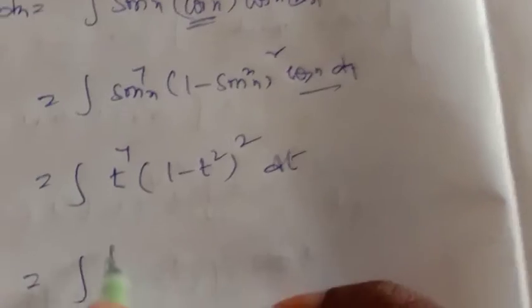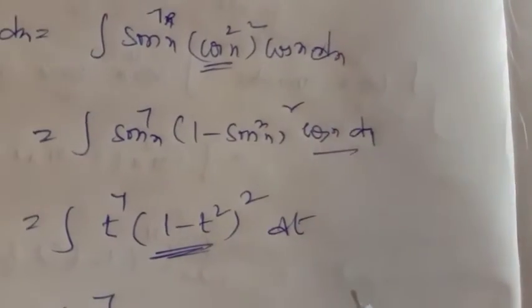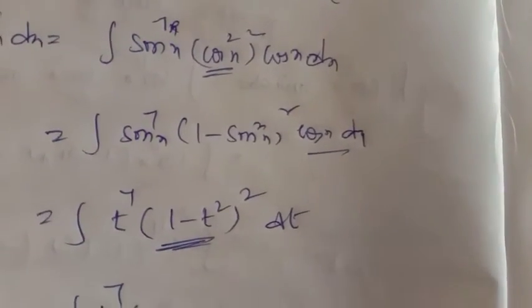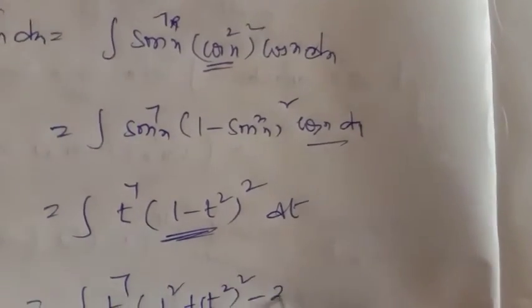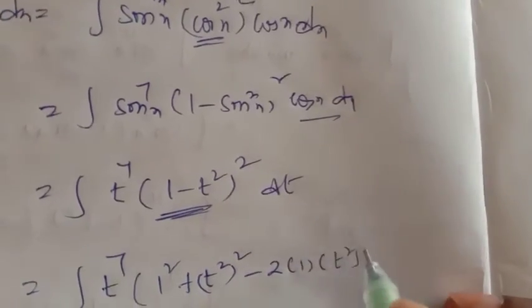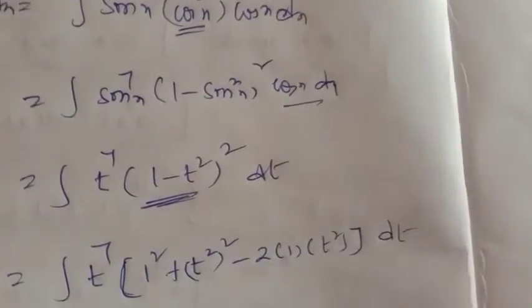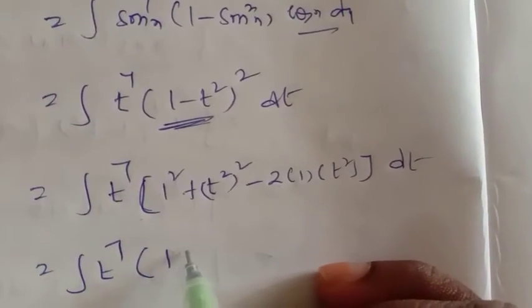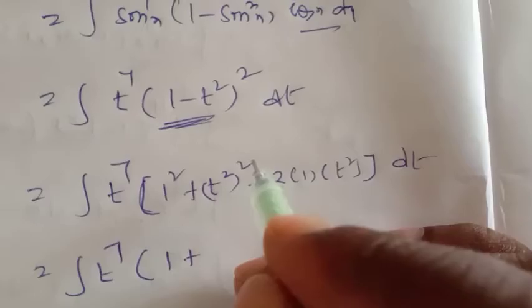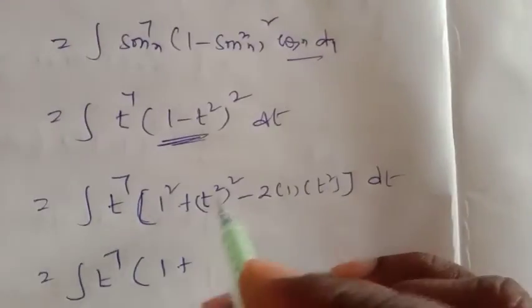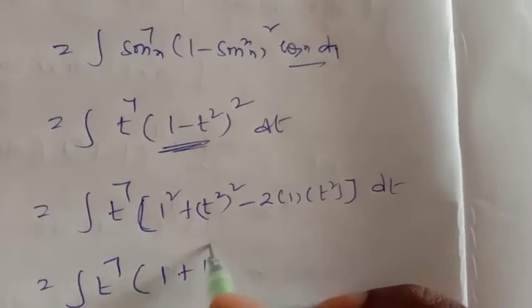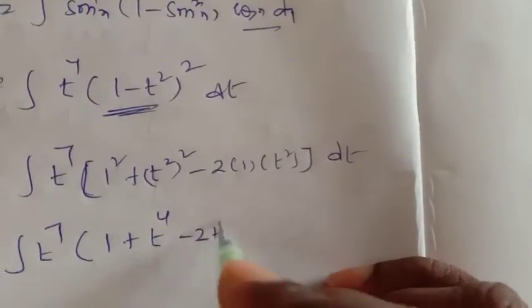Then t to the power of 7, here we have a minus b whole square, that is a square plus b square minus 2ab, t square whole square, minus 2 into 1 into t square into dt, that equal t to the power of 7 into, 1 square means 1 and t square whole square, that is a to the power of m whole to the power of n equal to a to the power of mn, that is t to the power of 2 into 2, that is t to the power of 4, minus 2t square into dt.